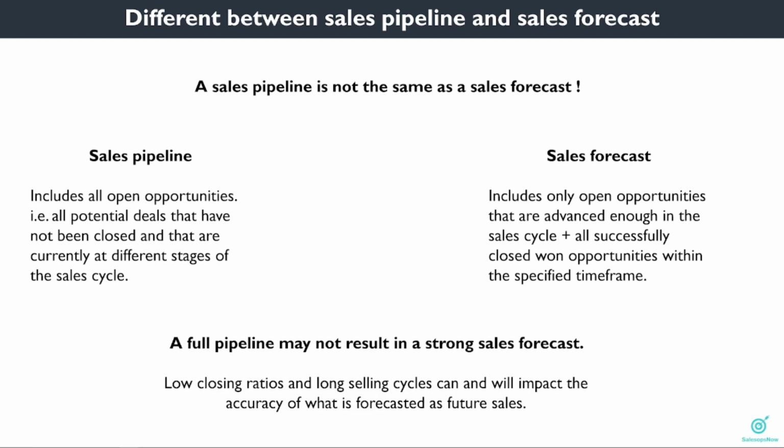As a result, a full pipeline may not result in a strong sales forecast. Low close rate, along with long sales cycle, can and will impact the accuracy of what is forecasted as future sales.